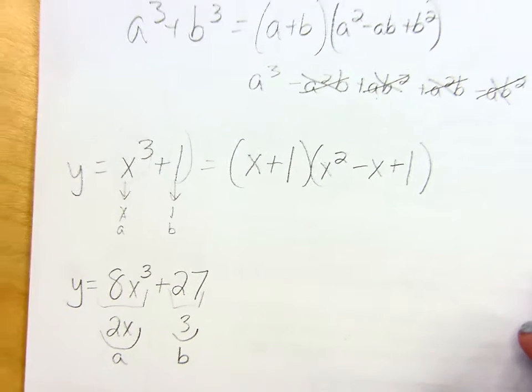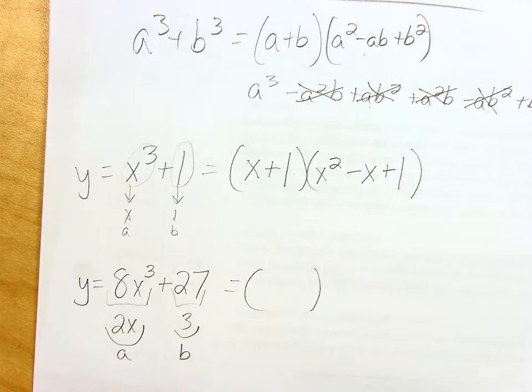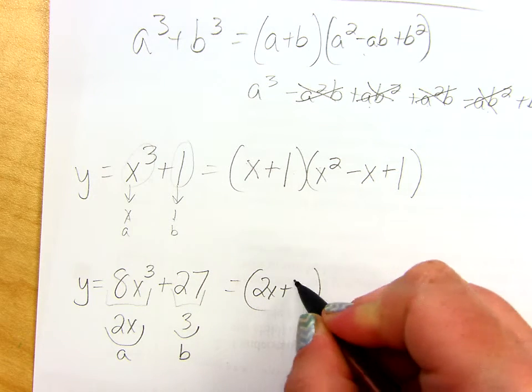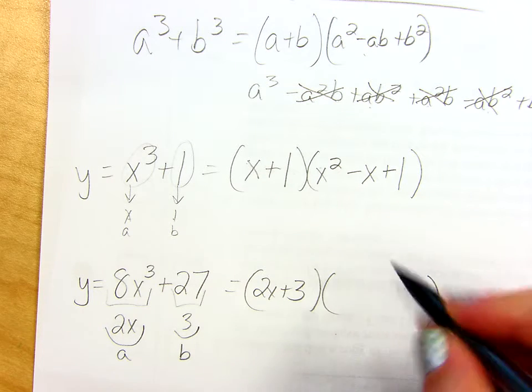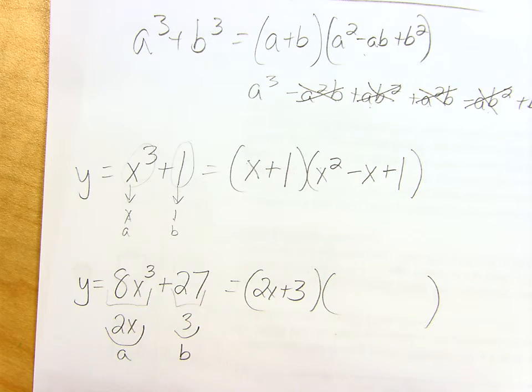So let's see if I can get the pattern up here at the same time. Go ahead. What would this first thing be? 2x plus 3. And then it would be, careful here now, because a is 2x, so I'd have to square the whole thing.